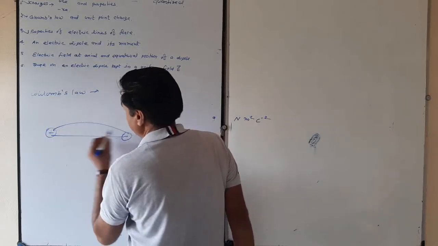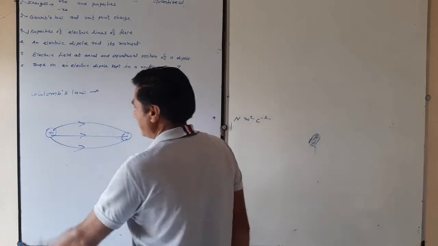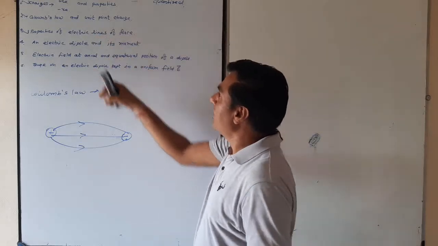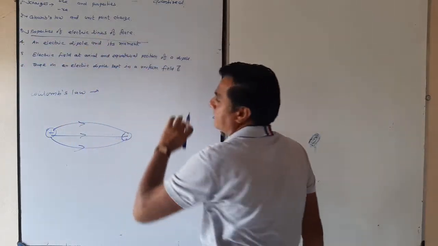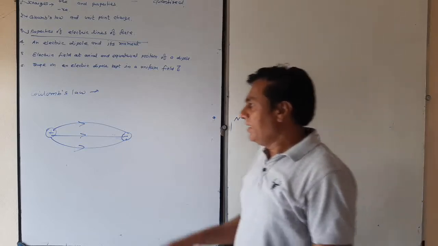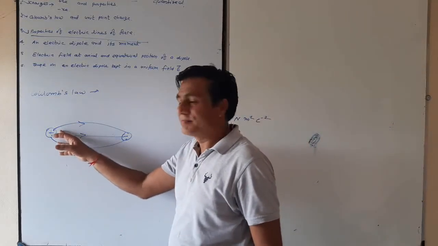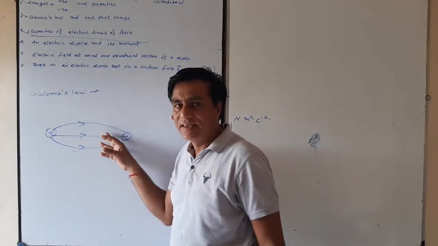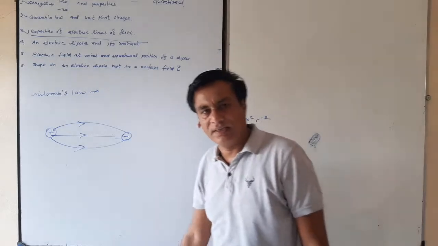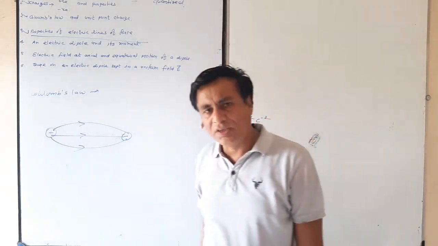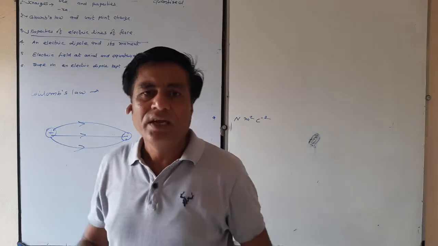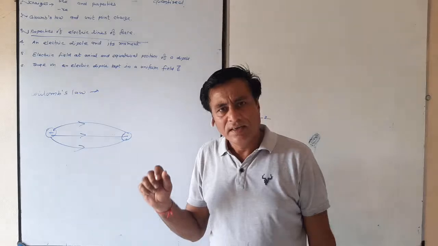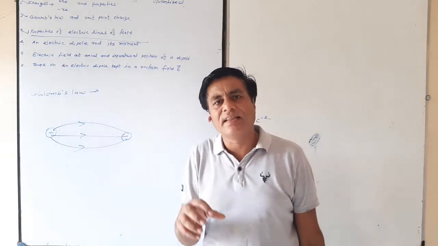What are the properties of electric field lines? Lines start normally from the positive charge and end at the negative charge. If there is only a single positive charge, lines start from the positive charge and end at infinity. If there is a single negative charge, lines come from infinity and end at the negative charge.